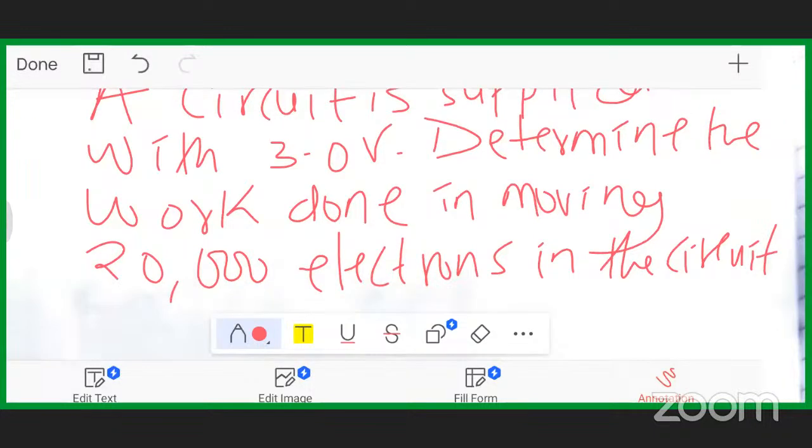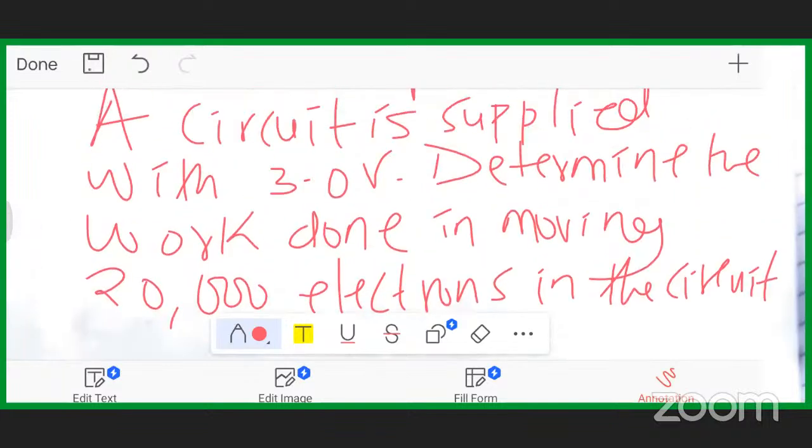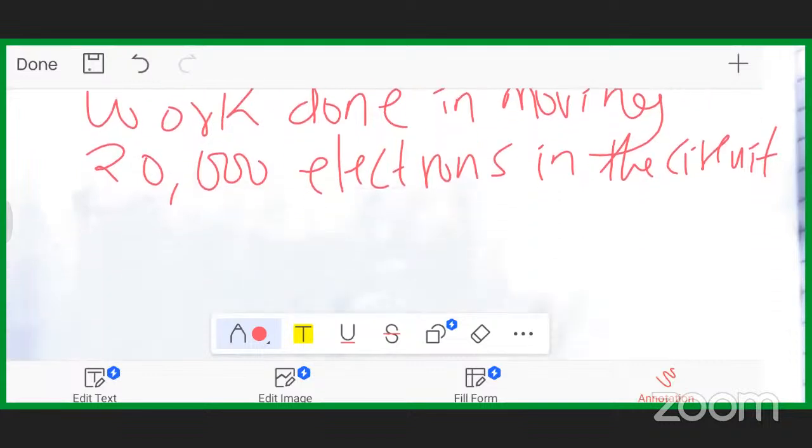Determine the work done moving 20,000 electrons in the circuit. Be trying that. So let's solve it. I think you're done.